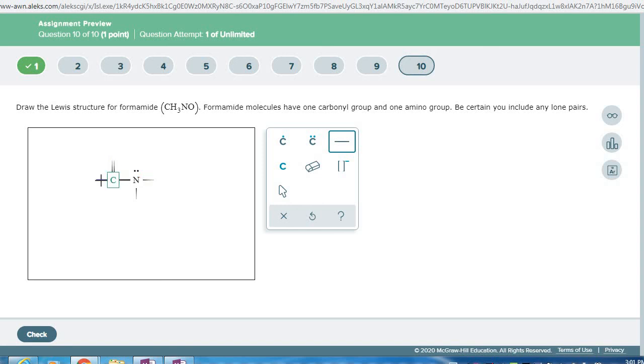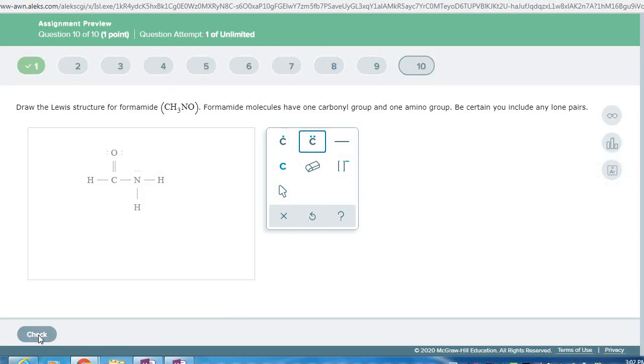Just get my bonds in place. Okay, let's go ahead and put our hydrogens on. So there's hydrogen, and there's hydrogen, and there is hydrogen right there. And then the oxygen is going to go on here with the lone pairs that we'll put on there. And so there is our valid Lewis dot structure for formamide.